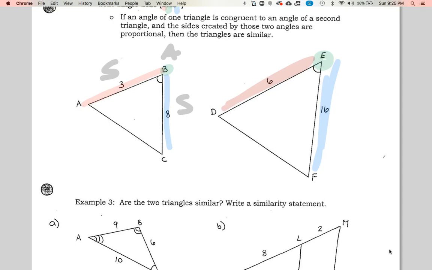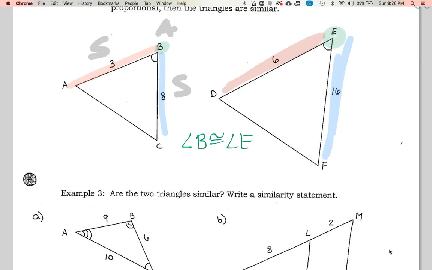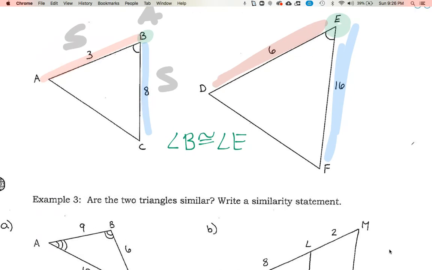So I have to be able to state that I have a congruent angle, just like we would do if it was angle, angle. Now, if we had one more angle, we would be done. We could just say angle, angle, but we don't. If I had one more pair of sides, we could do side, side, side. I just don't have enough to do angle, angle. I don't have enough to do side, side, side. I have a little bit of both.